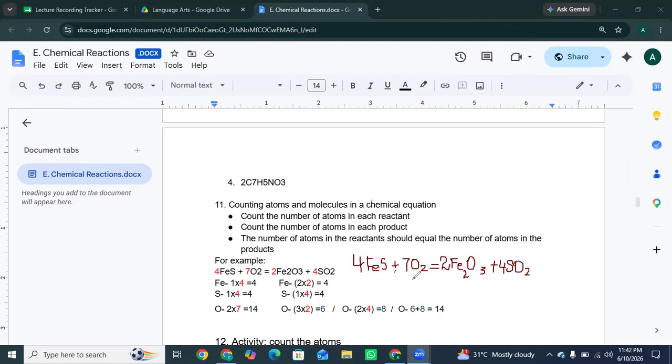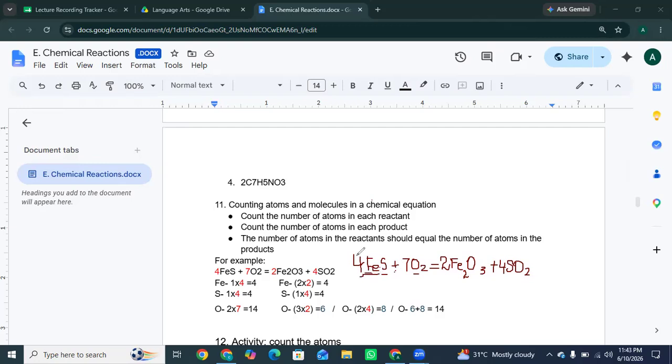4FeS plus 7O2 is equal to 2Fe2O3 plus 4SO2. Fe is iron, S is sulfur, O is oxygen. Look at the left side, 4FeS.